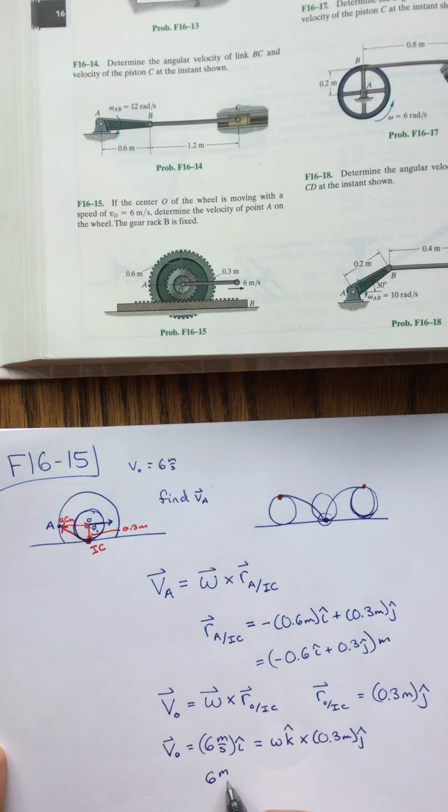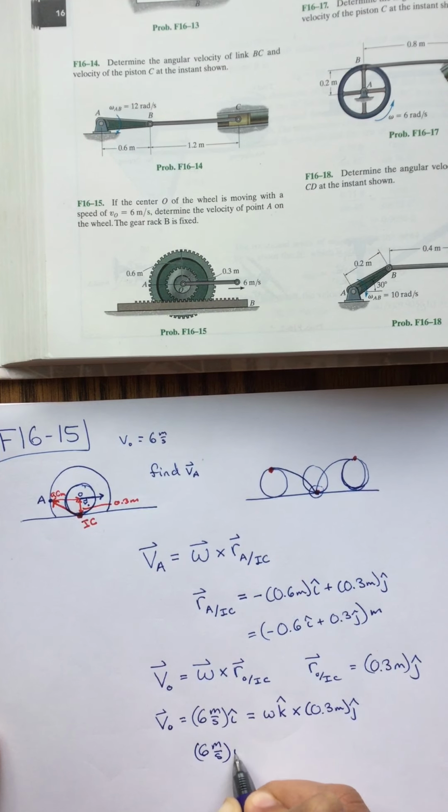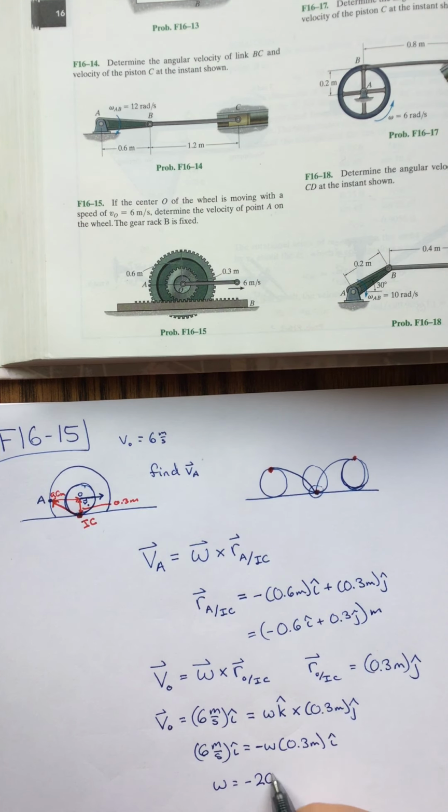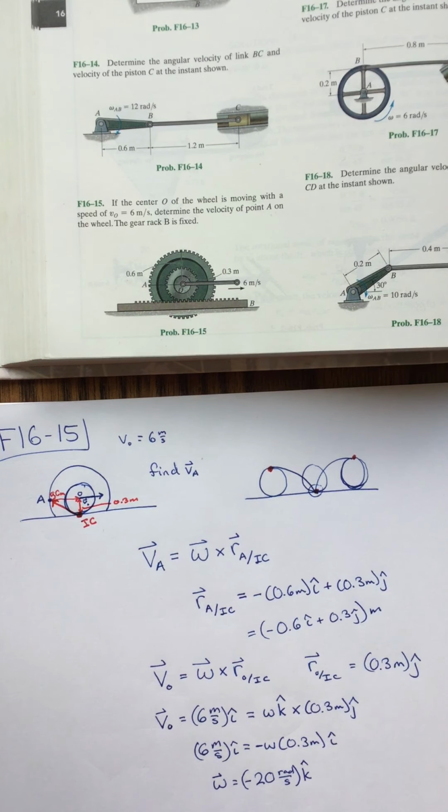So this is 6 meters per second in the I hat direction is equal to omega times 0.3 meters, with k hat crossed with j hat giving me negative I hat. So omega is equal to 6 meters per second divided by negative 0.3. That gives me negative 20 radians per second. And we said this was in the k hat direction. So the angular velocity is in the negative k hat direction.